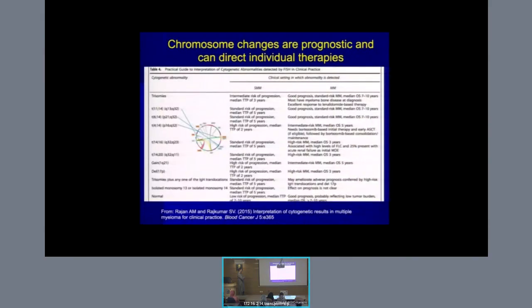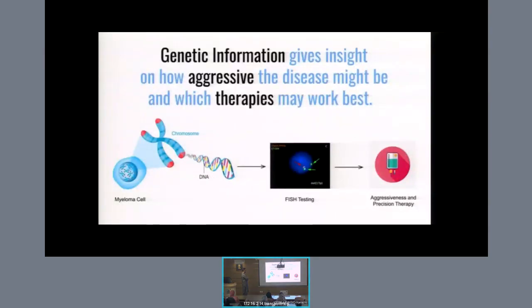And in the table I'm showing on this slide here, a lot of words on it, but the simple point I want to make is that a lot of these chromosomal translocations not only give us an idea of how aggressive the myeloma might be, but it also gives us an idea of which therapies might be best for individual translocations.